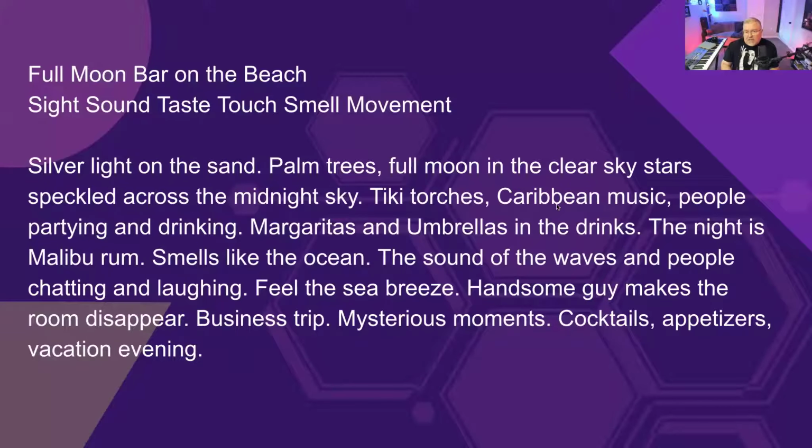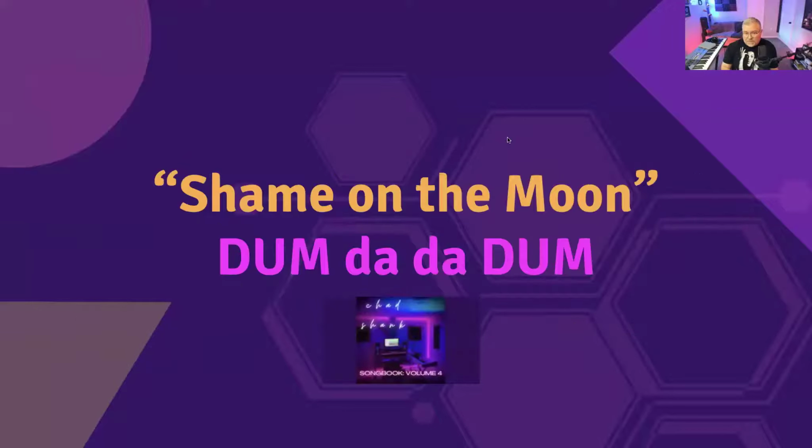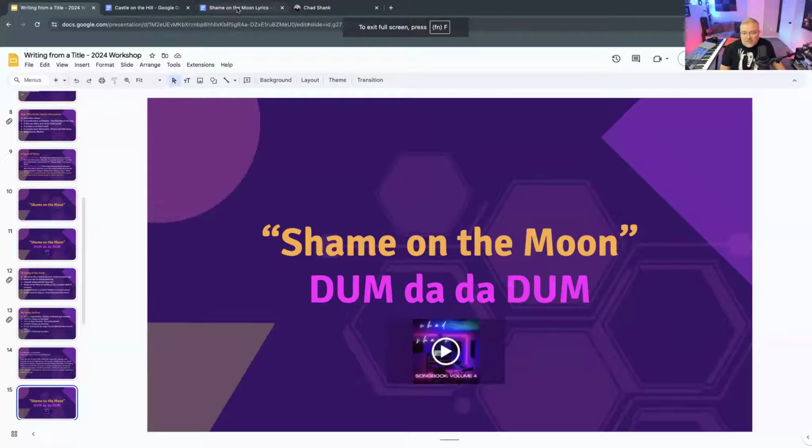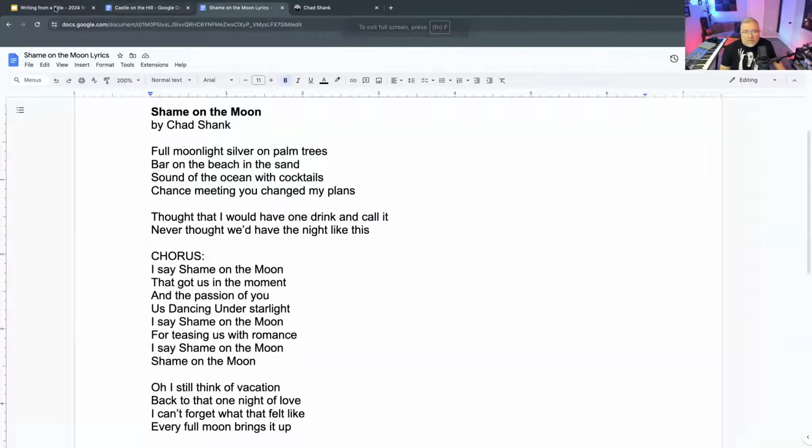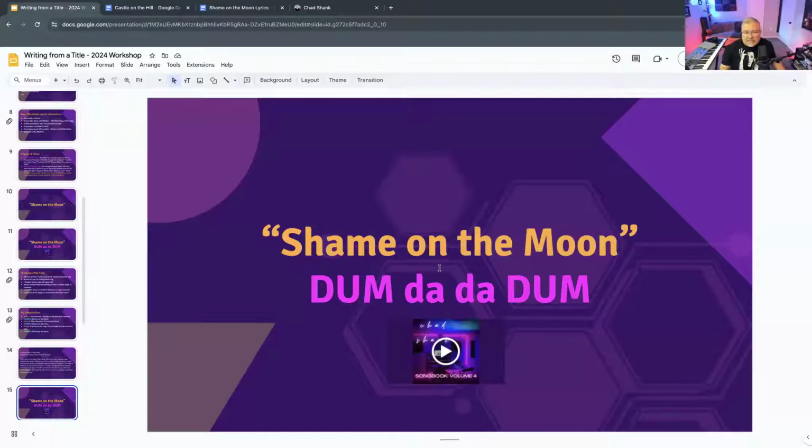So I then took this and created my first verse. And I want to play for you the final song and also have you read the lyrics to see how all of that came together to become Dana, my version of Shame on the Moon. So this is how the song turned out.